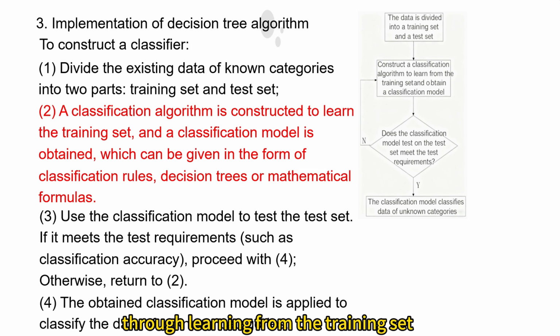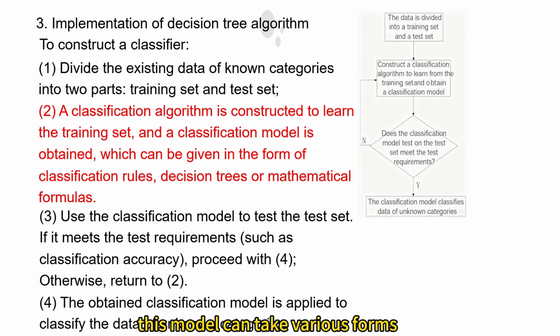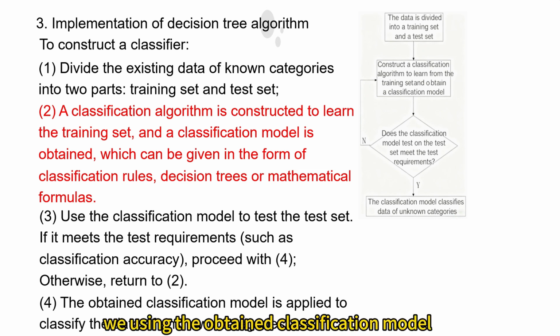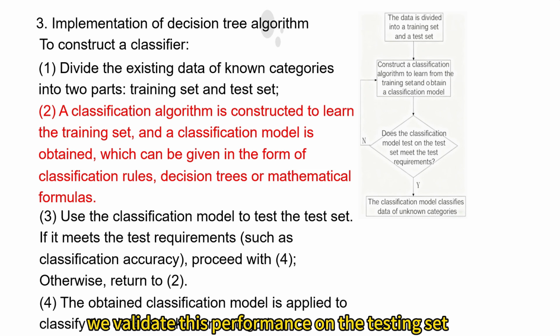Through learning from the training set, we develop a classification model. This model can take various forms, such as classification rules, decision trees, mathematical formulas, or others, to describe the patterns within the data. And then, using the obtained classification model, we validate its performance on the testing set.